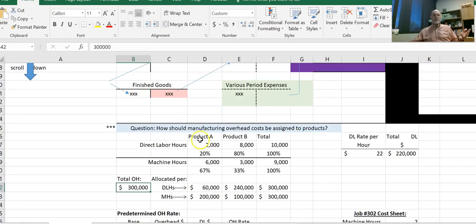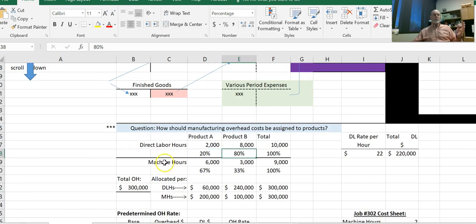For example, let's say we had two products, A and B, and we spent 2,000 labor hours on product A and 8,000 on product B. So we might give 20% of the overhead to product A and the other 80% to product B.